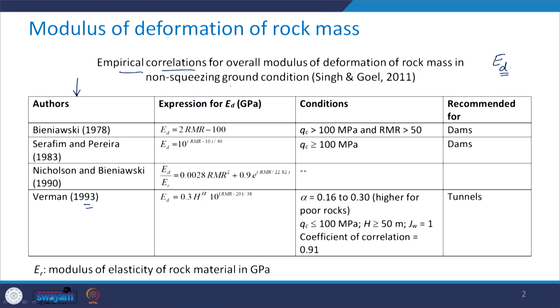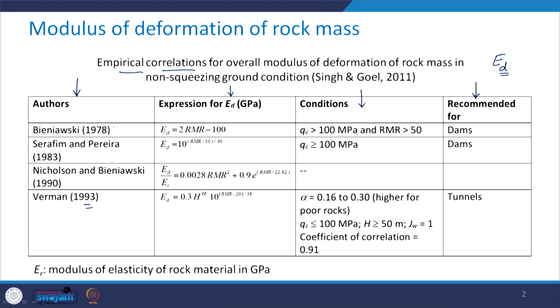Then the second column is the expression for the modulus of deformation of rock mass. If there are any conditions for which these are applicable, that has been given in the third column. And if there are any particular cases for which these expressions are recommended, that has been given in the last column.